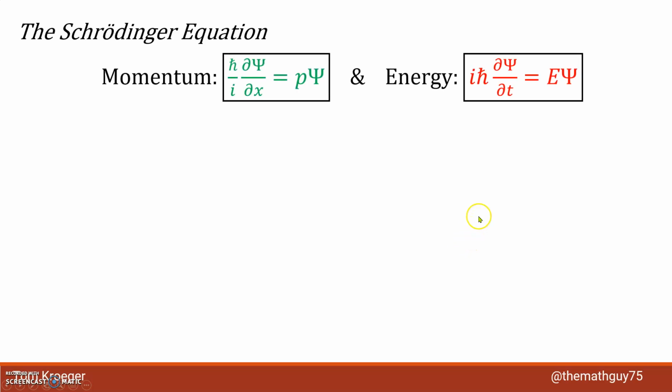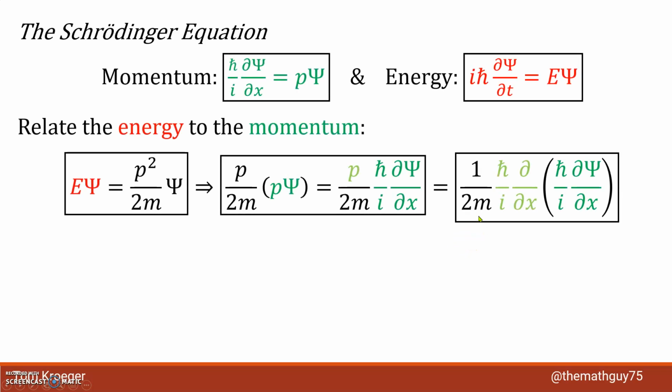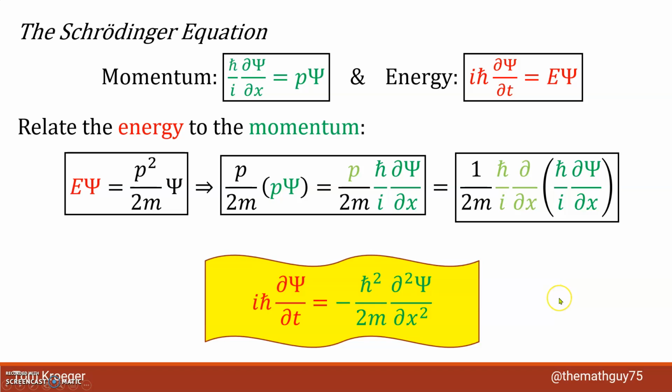By comparing the two equations, relating them together, and using a little bit of algebra, it's not too difficult to follow, we can come up with the fact that i h bar times the first time derivative is equal to negative h bar squared over 2m times the second position derivative. There's the acceleration idea right there. And this is the basic form of the Schrodinger equation for a single particle in maybe one dimension.